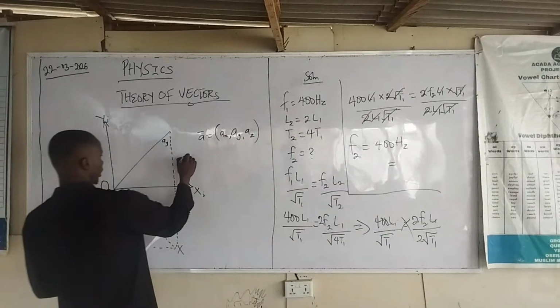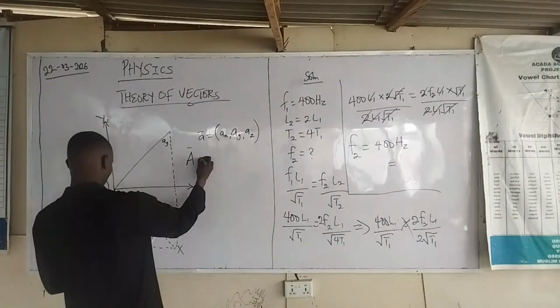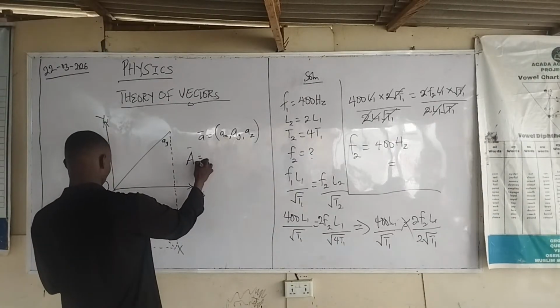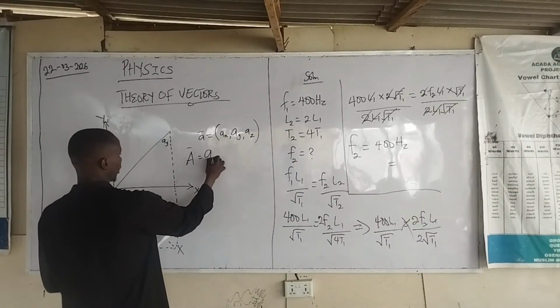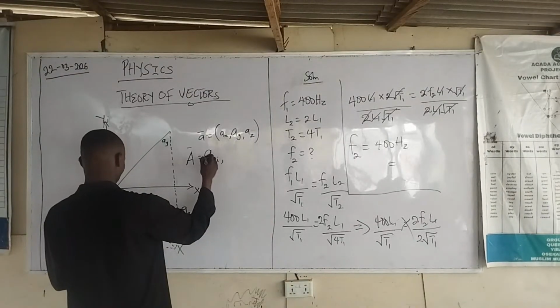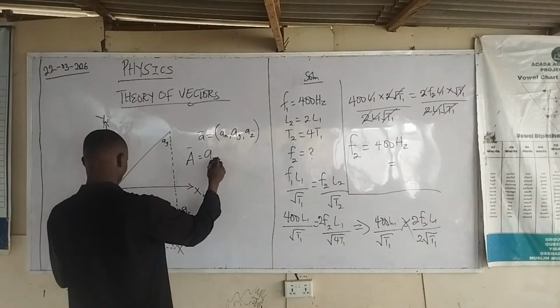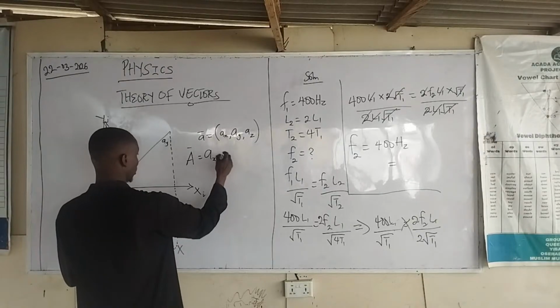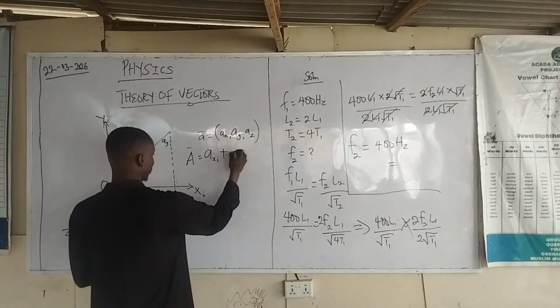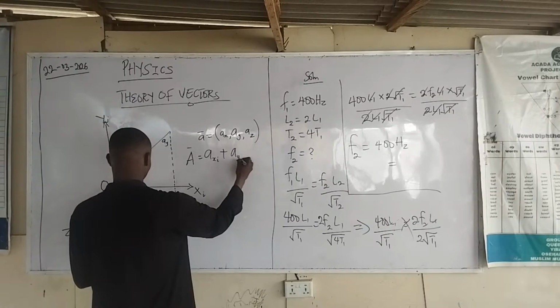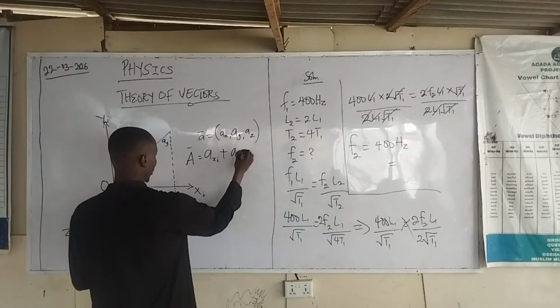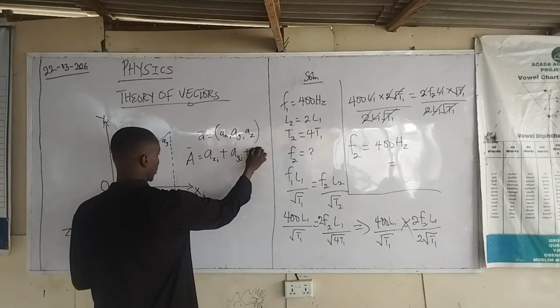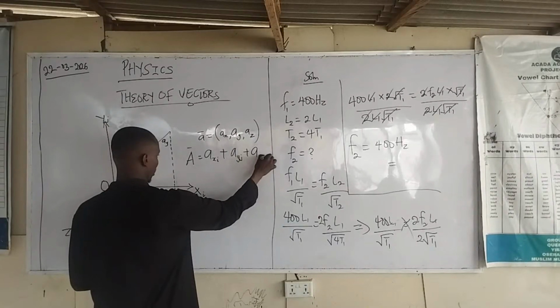The resultant vector can also be written as ax i plus ay j plus az k.